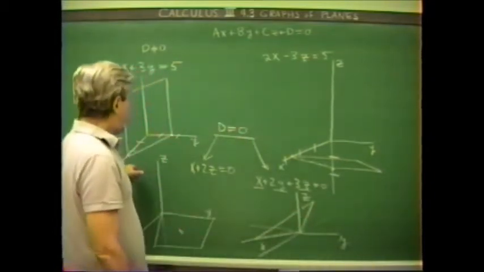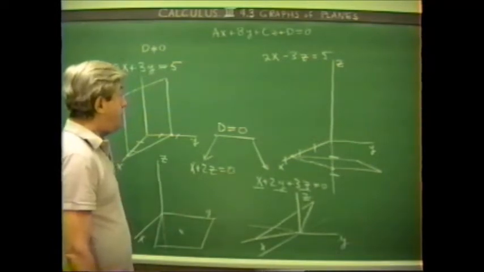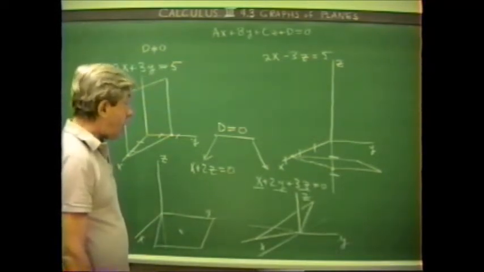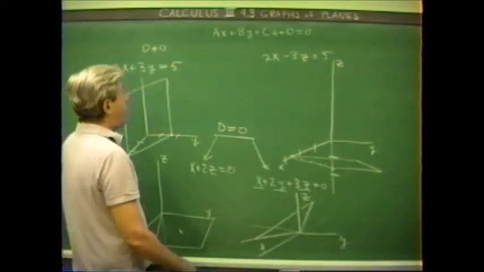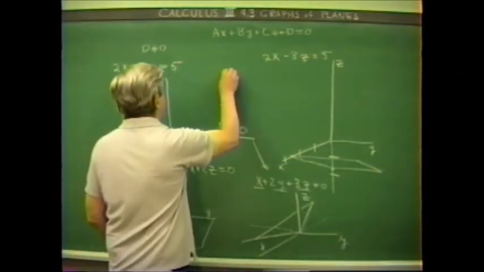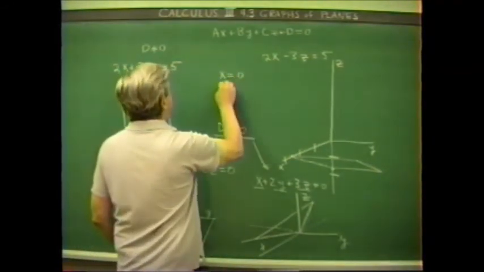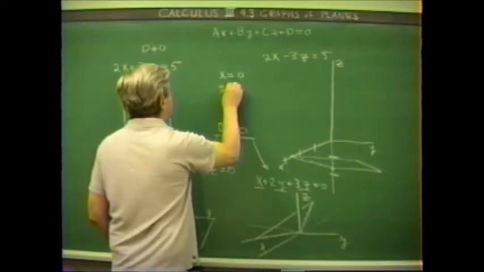Okay? So these are basically the pictures involved with drawing the graphs of planes. Of course, if you have got something like x equals 0, this is the yz plane.